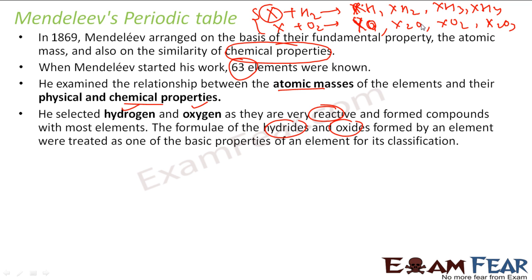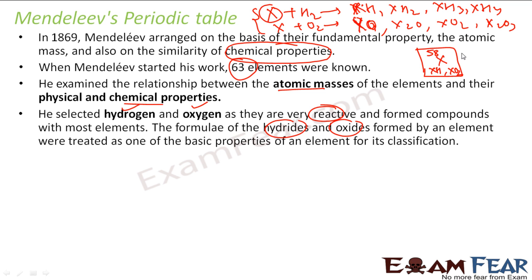So what he did was actually he took, for example, 63 cards. In each of these cards he wrote the element name. For example, the element name is X, and he found some hydride XH and some oxide XO2, let's suppose, and atomic mass, let's suppose 58, anything.